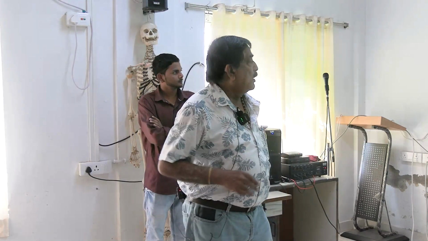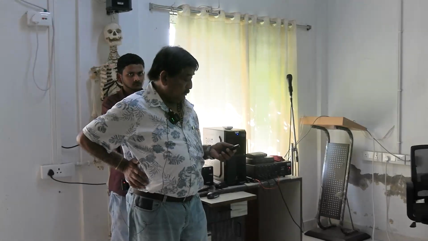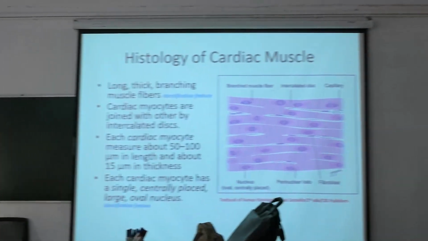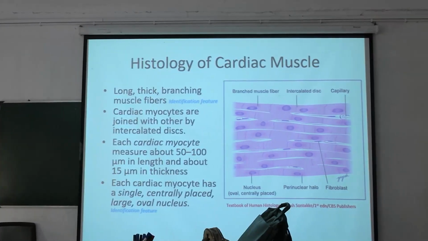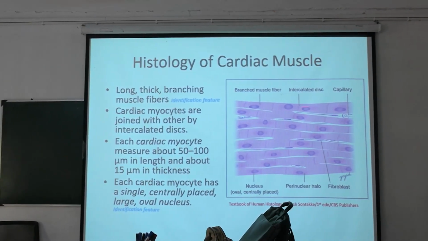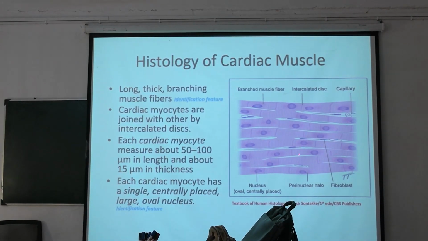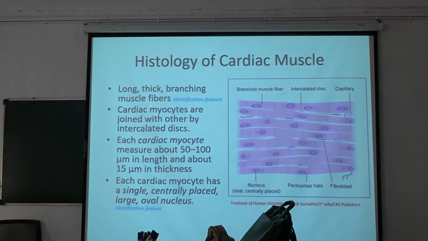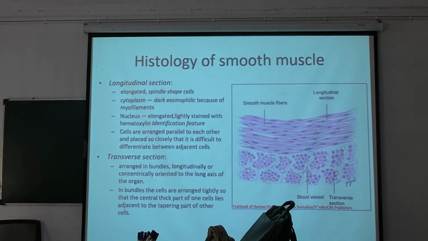Now, histology of cardiac muscle: you see branched muscle fibers, intercalated disc, capillaries, nucleus, perinuclear halo, and fibroblasts. Next, smooth muscles, elongated and spindle shaped.